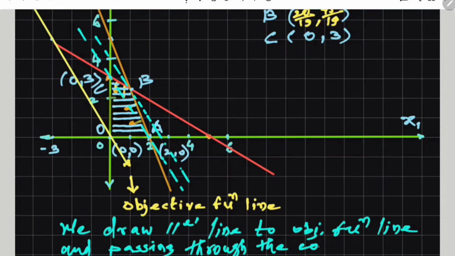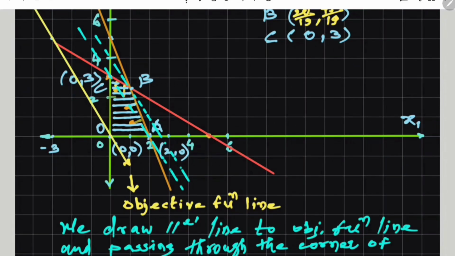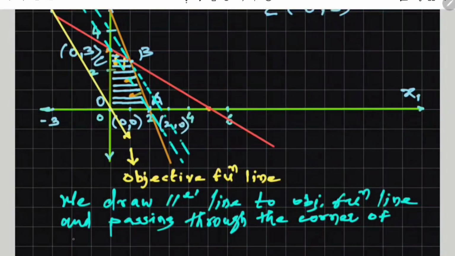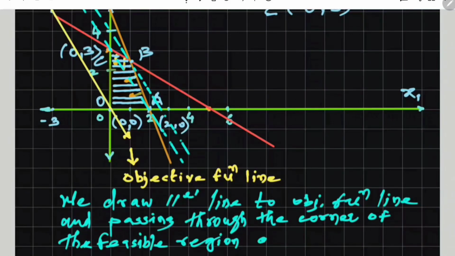Therefore, we draw parallel lines to the objective function line passing through the corners of the feasible region, which I have shown by dotted line. This is the first step to obtain the maximum or minimum value. For this problem, it is a maximization case.